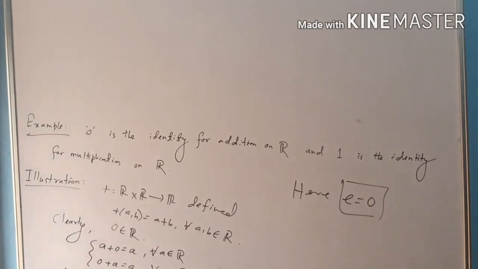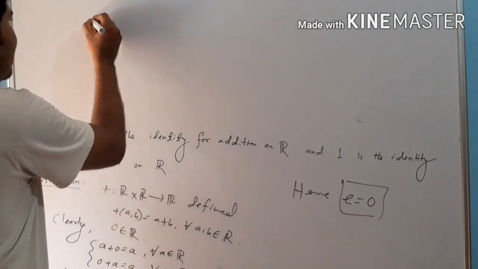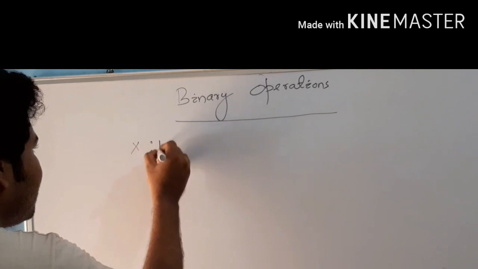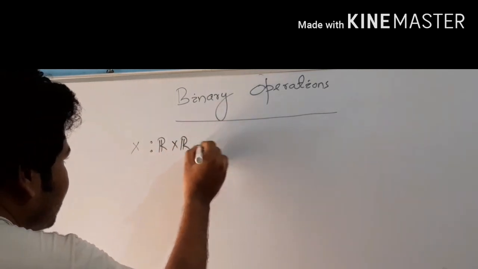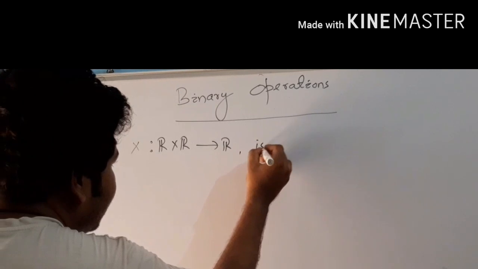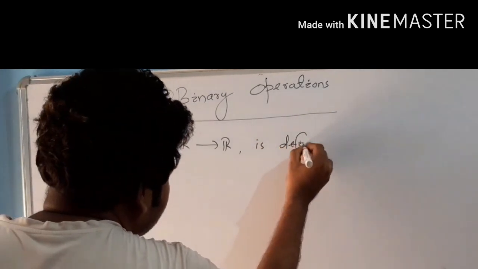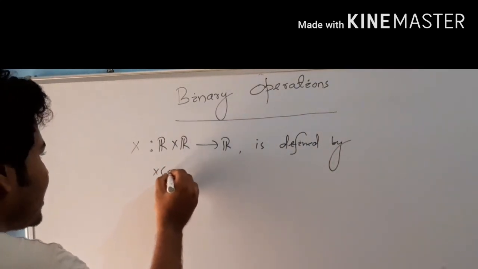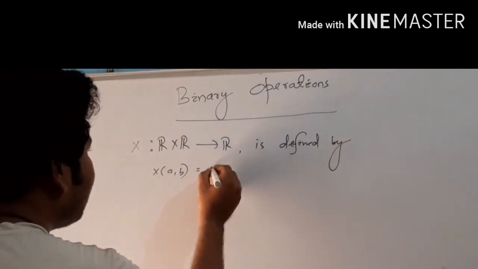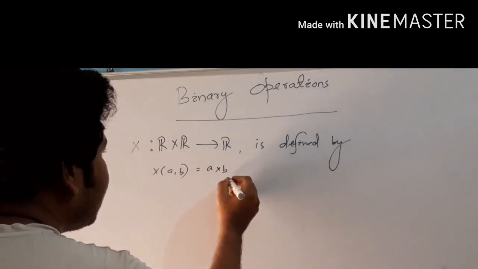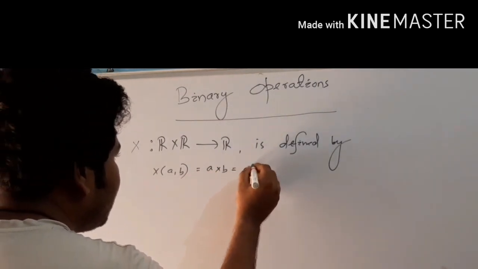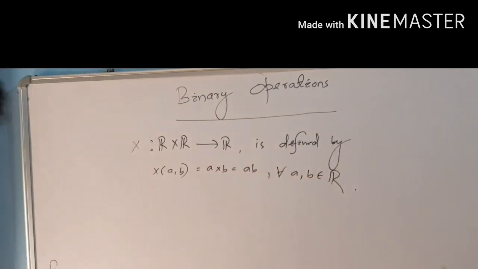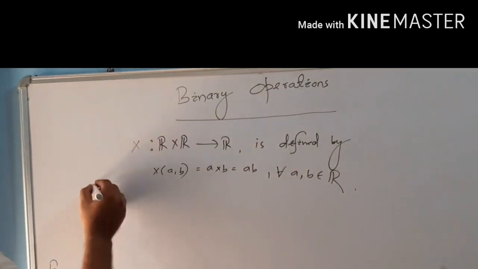The multiplication operation is defined by multiplication operation from R cross R to R and is defined by multiplication of A comma B equal to A into B equal to AB for all A, B belongs to R.